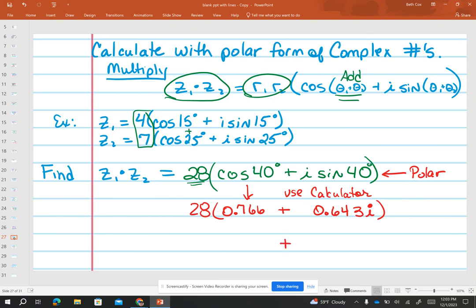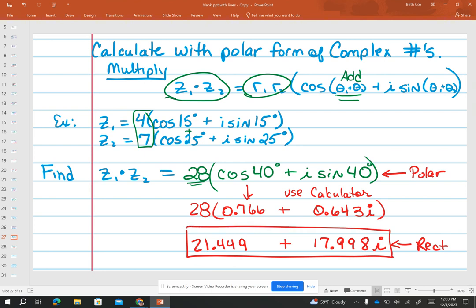This one's going to give me 17.998i, and the other one is going to give me 21.449. So this would be the rectangular answer. Again, using a calculator to literally do 28 times the cosine of 40 and 28 times the sine of 40.